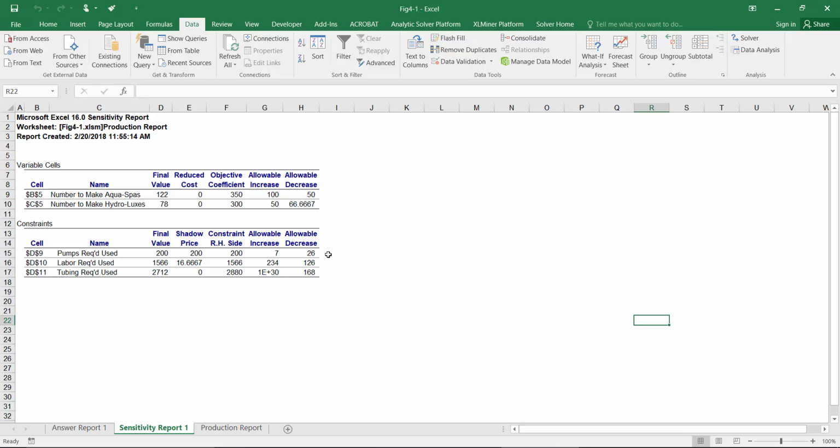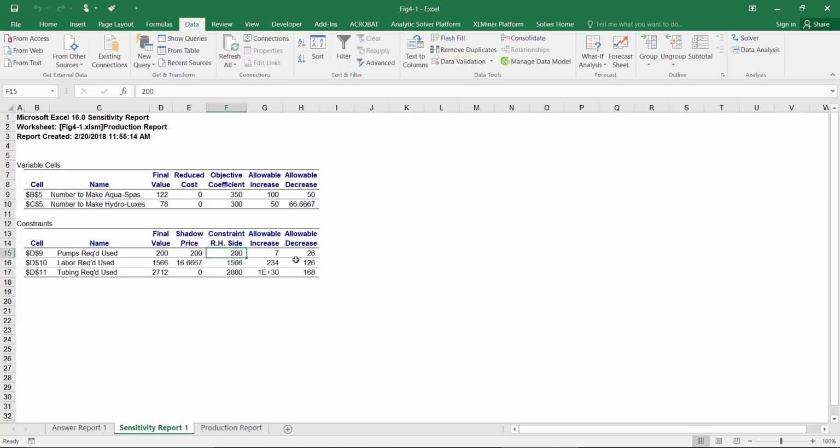If I have a 2 unit change in the right hand side, if I increase 200 to 202, then I'm going to have 2 times 200 as an increase in the objective function. Or if I decrease by 3 units and make the right hand side 197, then I'm going to have 3 times 200 as a reduction in the objective function.